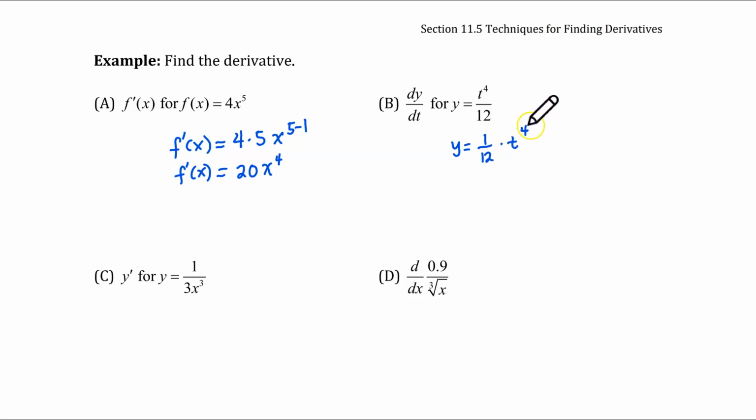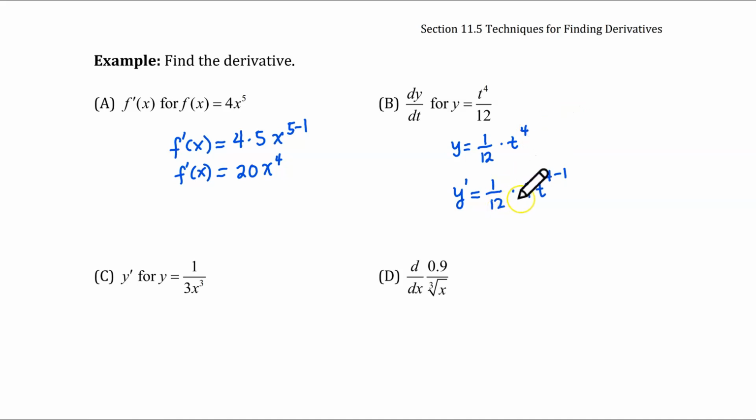Then we can use the power rule to differentiate this with respect to t. So therefore y prime is equal to, copy the constant, 1 over 12 times the derivative of t to the fourth is 4. You bring down the power here and then copy the variable t and subtract 1 from 4. So 4 minus 1. And then you simplify.